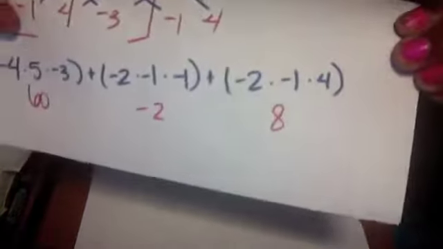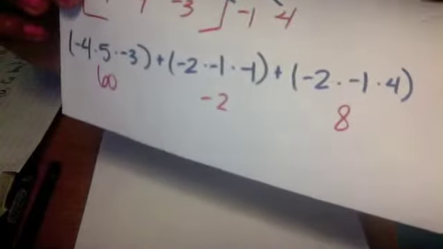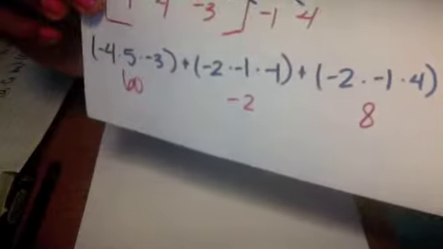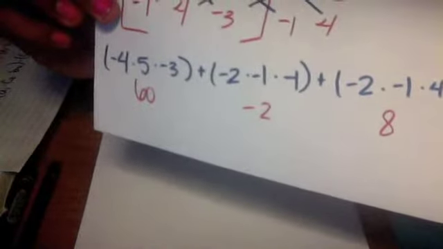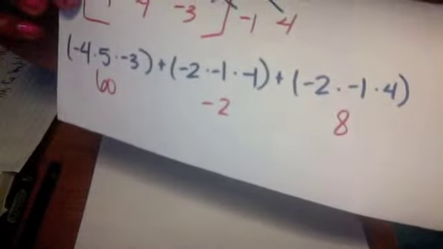And now I solved the first part of the matrix. I just multiplied -4 times 5 times -3, which equals 60, plus -2 times -1 times -1 is -2, and -2 times -1 times 4 equals 8.